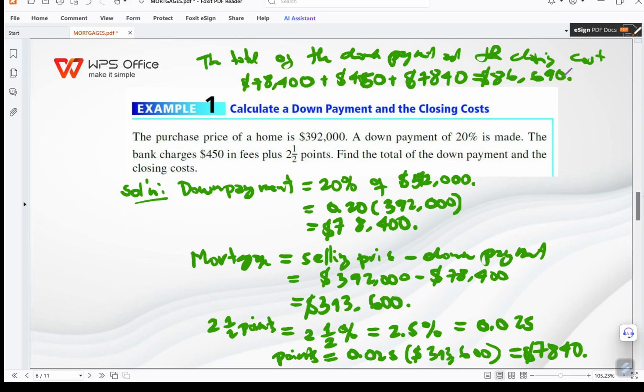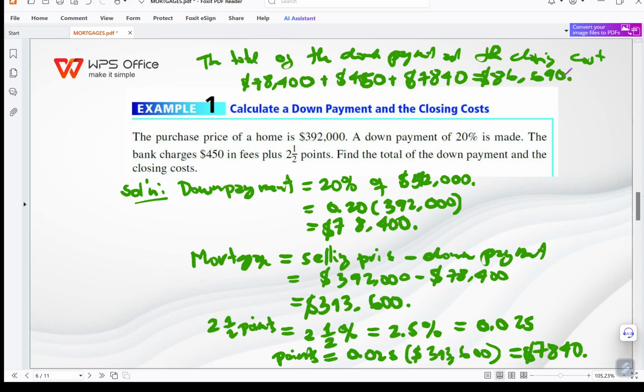Okay, so that's how much it will cost you for purchasing a home with the purchase price of $392,000, and then you made a 20% down payment. Because you can't pay it whole, right? After the down payment, you need to make a loan. So the loan or the mortgage here is $313,600. From that loan, the bank makes a charge of $450, and of course the bank requires you to pay 2.5 points of that mortgage.